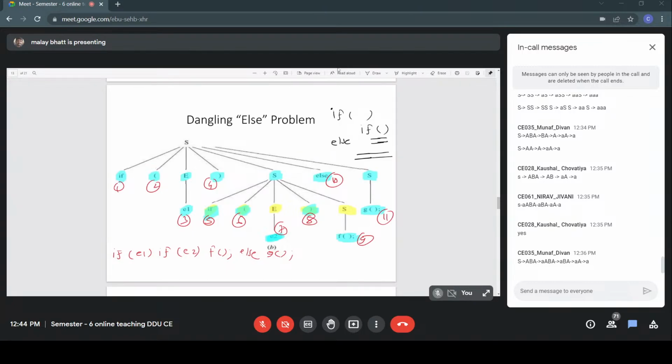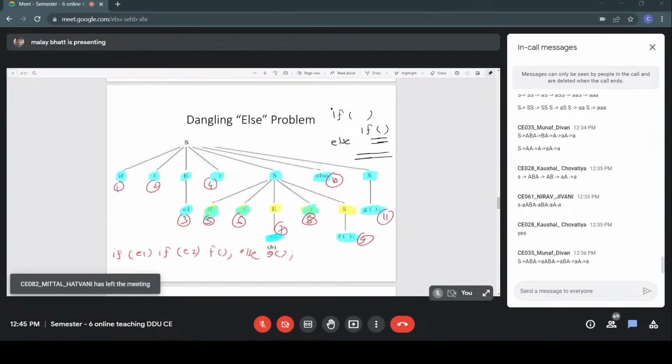And keep in mind that you cannot convert every ambiguous grammar into an unambiguous grammar. It is not possible. Every ambiguous grammar cannot be used, and every ambiguous grammar cannot be converted into an unambiguous grammar. That conversion is not in your syllabus, so we are not going into that detail, right?